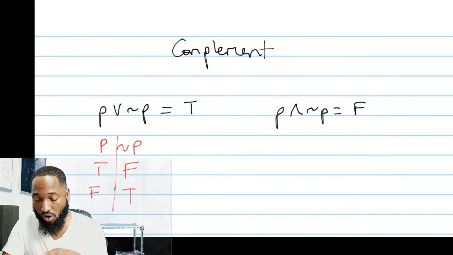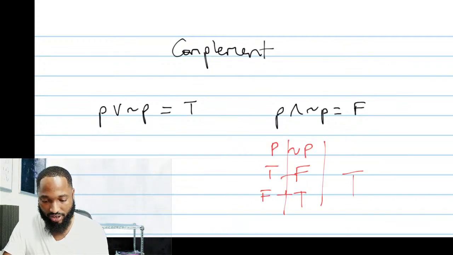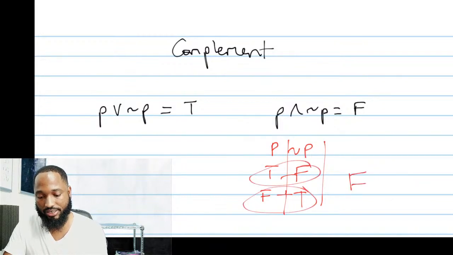If we have or, then it's true, because you have a true happening. If you have and, it's false because there are no double T's. That's a false. So that rule is called the complement.